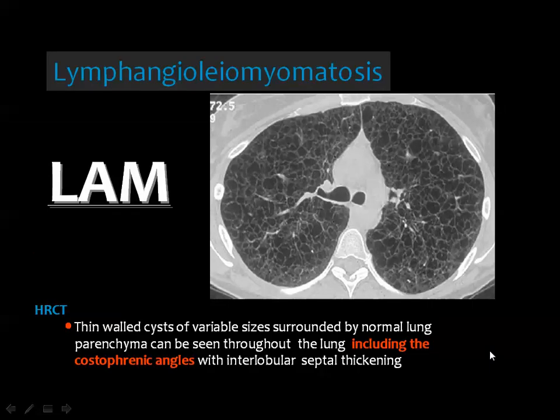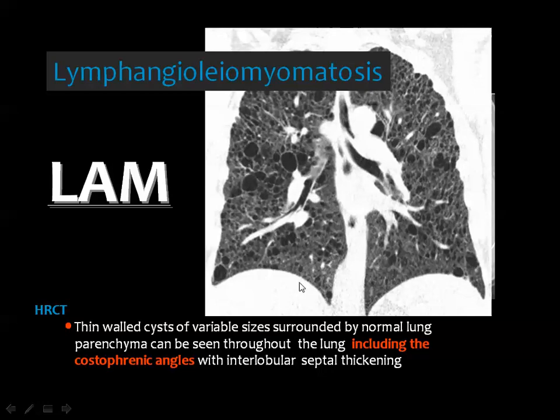But whenever you have the high resolution CT, then you can see that this is extensive, innumerable, almost of similar size and relatively thin wall compared to those of histiocytosis. And very importantly, these lesions affect the lung bases, the whole lung, and they reach even the costophrenic angles.